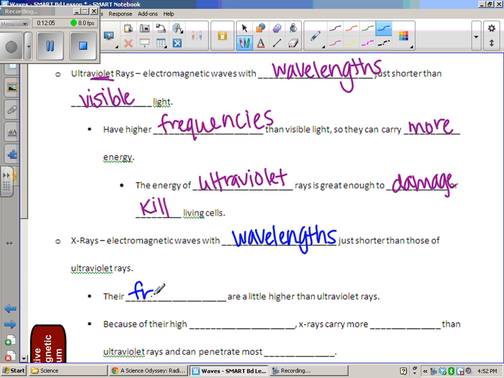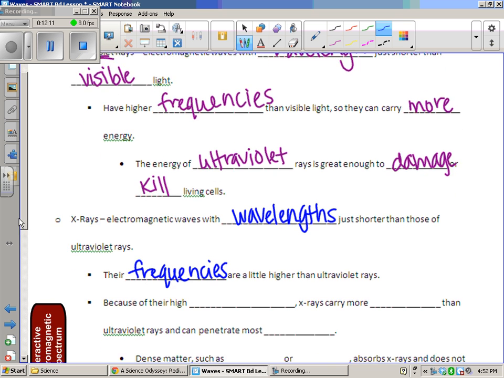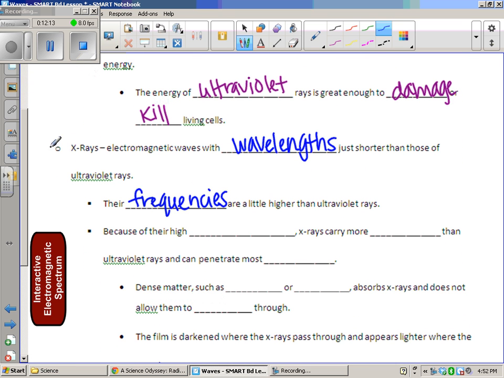Now their frequencies are a little higher than ultraviolet rays. Because of their high frequencies, X-rays carry more energy than ultraviolet rays and can penetrate most matter. So it could go through most matter.